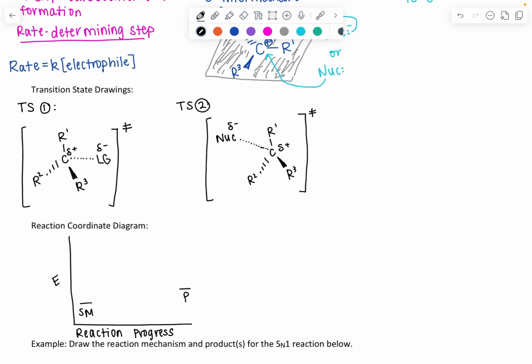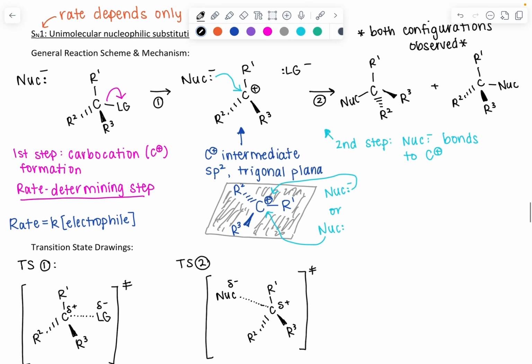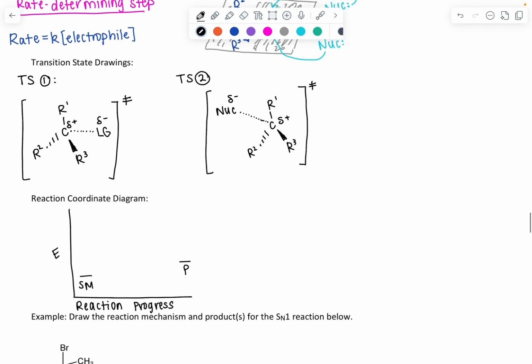Now this will look different from SN2 because SN1 happens in 2 steps and we form this intermediate first, that carbocation. So somewhere in between starting material and product and higher energy than product is our intermediate, which is the carbocation.